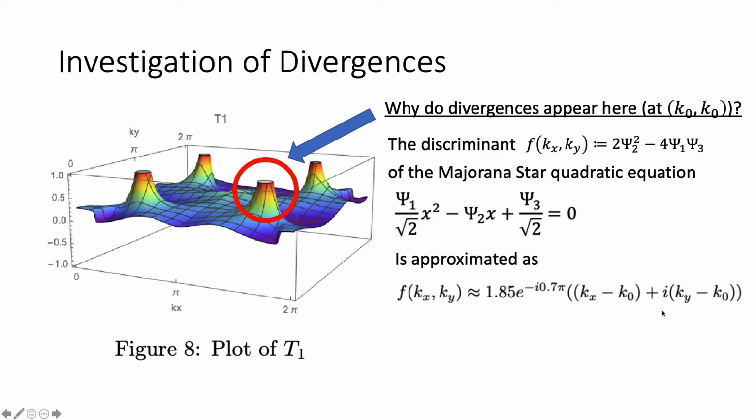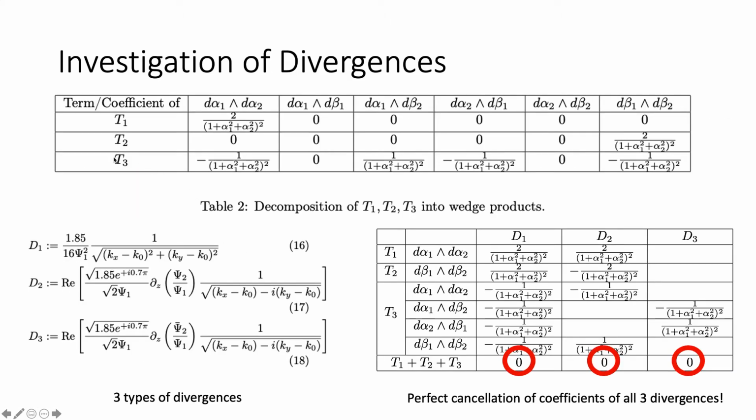Plugging this analytical approximation into the T1, T2, and T3 terms, I decompose them into a sum of wedge products of the real and imaginary components of the stereographically projected Bloch sphere.